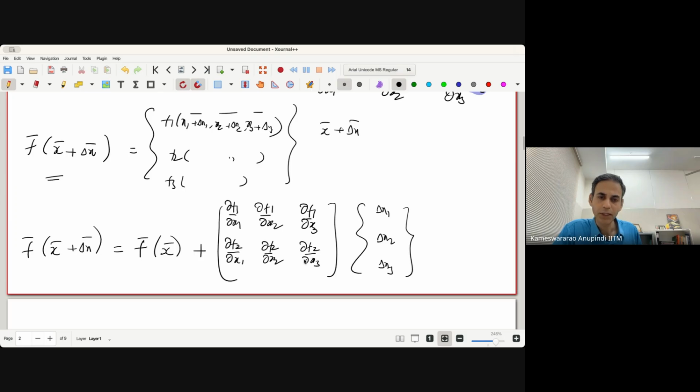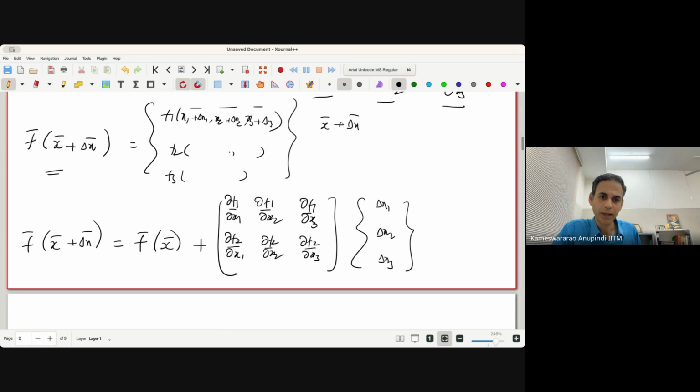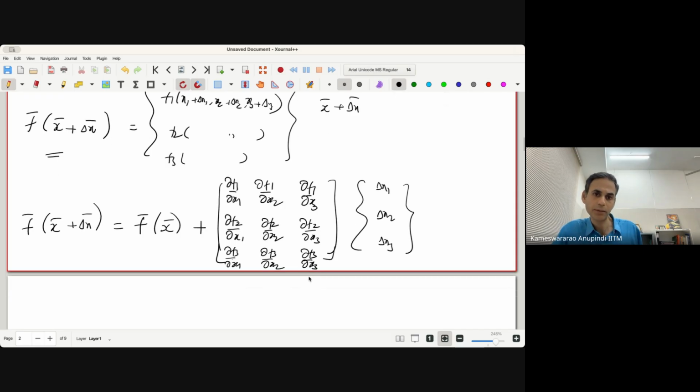Similarly, the last row is partial f3 by partial x1, partial f3 by partial x2, partial f3 by partial x3. That is what our system is going to look like.